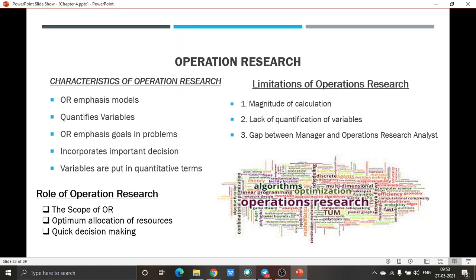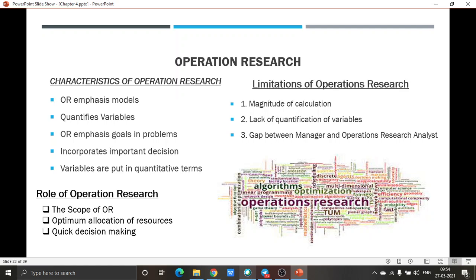Now, it also incorporates important decisions. That is to say, operation research tries to implement in the model all the different variables of a particular problem, and thereby it will tell the one solution which appears to be the most important in solving the problem.